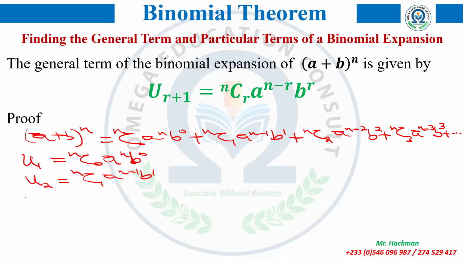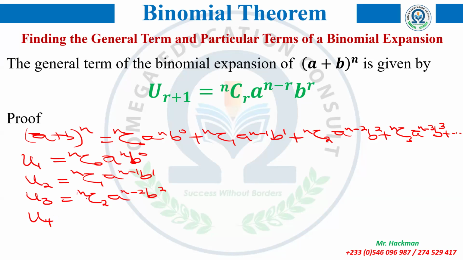In the same vein, your third term, which will be represented by U sub 3, will be equal to n combination 2, a to the power n minus 2, then b squared. So let's move on to maybe U sub 4. And U sub 4 is representing which term?